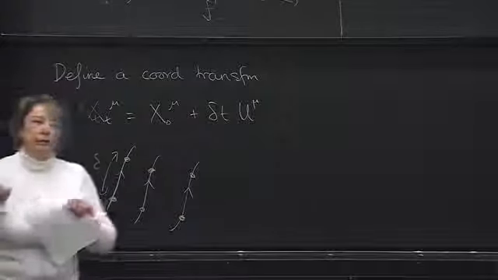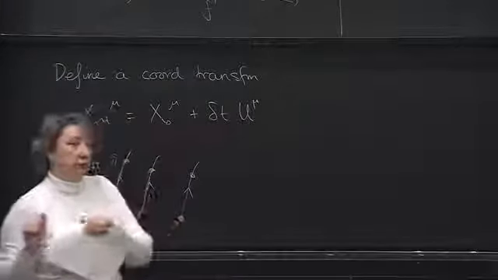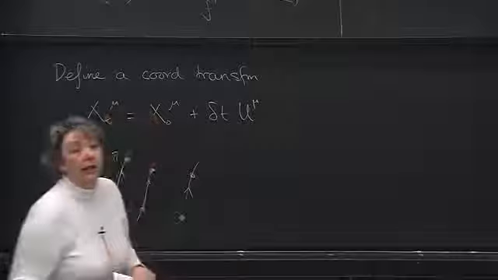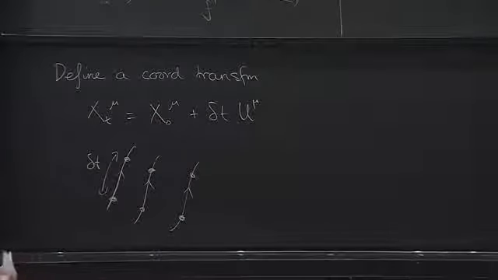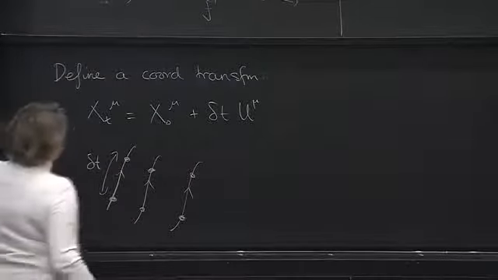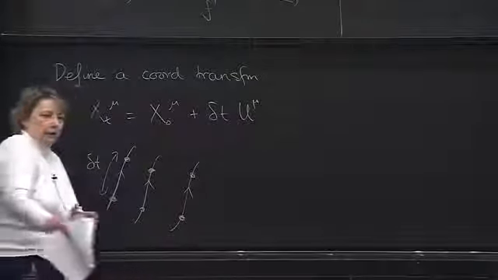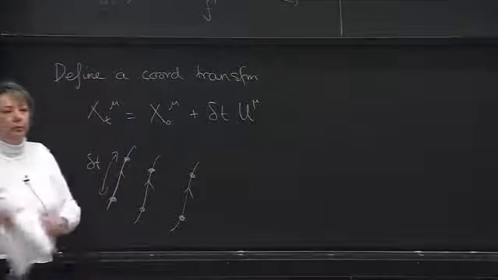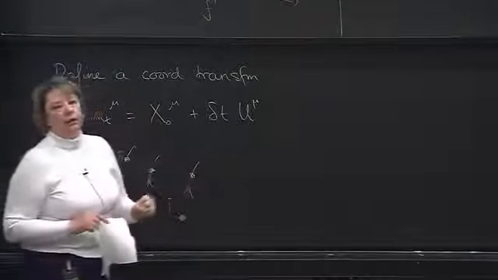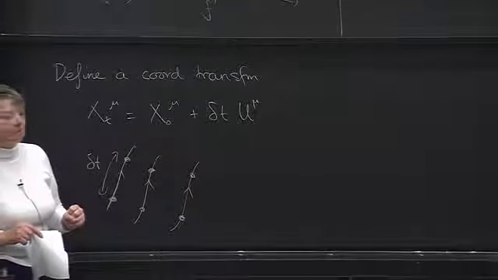You can think of it as shifting the points or relabeling the points. You've got an active and passive view of that. But in any case, it's just like deforming your manifold a bit. You're just shunting it a little bit along these integral curves.